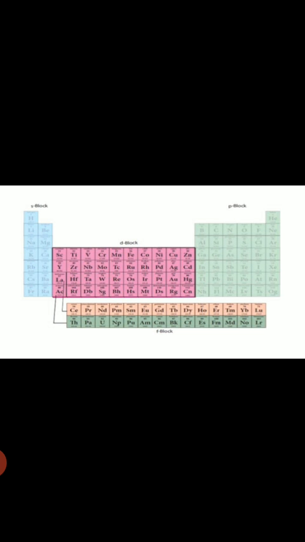Now the inner transition series are called so because they lie in between the transition series. After lanthanum we have cerium till lutetium. In a similar way, after actinium we have thorium to lawrencium, right? So you can see the location of the F block elements in the periodic table.